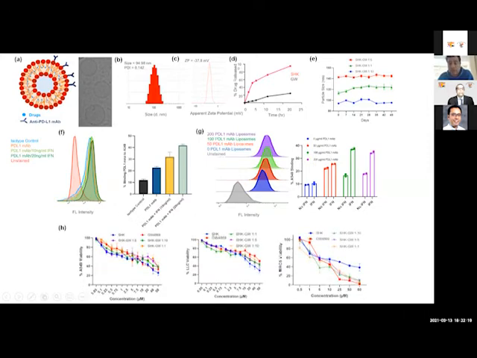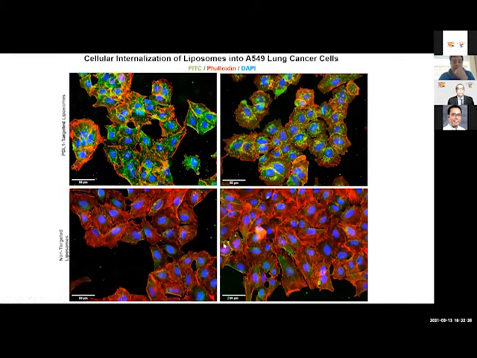We have evaluated also the cell viability on different cancer cells and also on fibroblasts to see the targeting. Here also we made immunofluorescence staining to prove how our anti-PD-L1 targeting technology increased the internalization of liposomes.